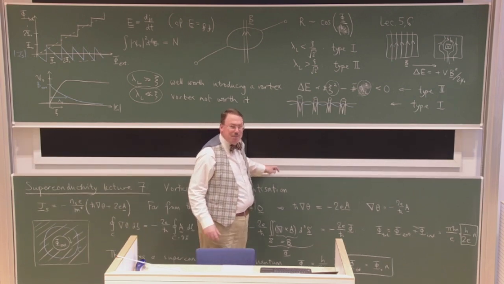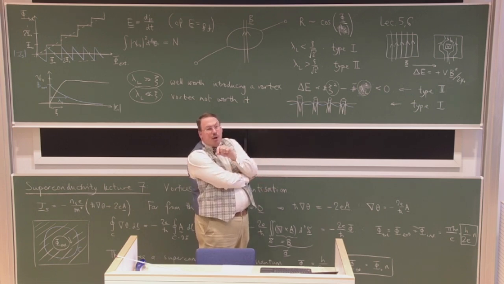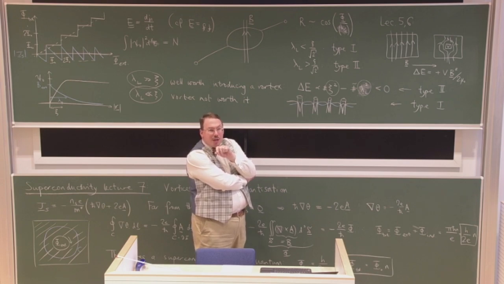Great, thank you. Parasol. Is there a way of predicting which metallic state the vortex would go towards? Is it always going to be a Fermi liquid, or could it be something else? That's a very good question, and there's been a lot of work in the cuprates on what actually happens in the vortex cores. All one can say in general is it will be the lowest free energy normal state under the field conditions that apply in the vortex core.